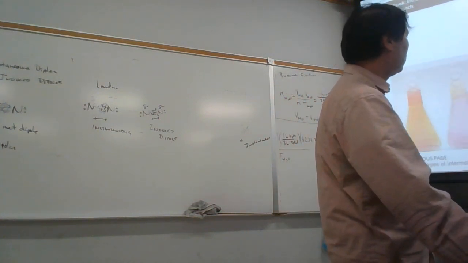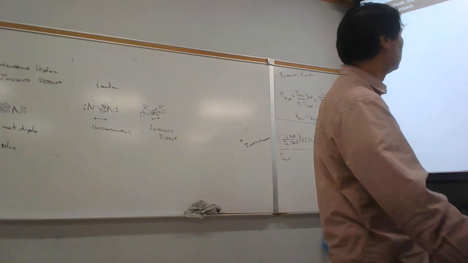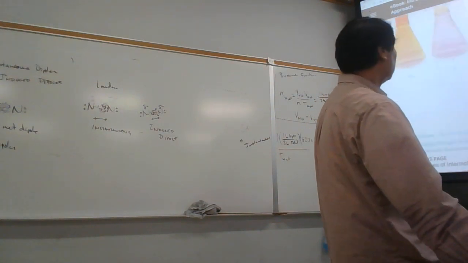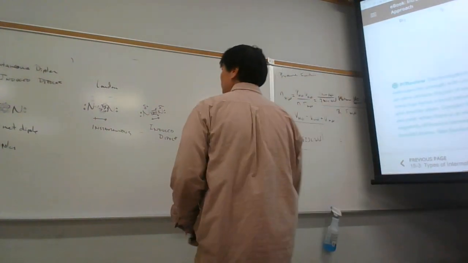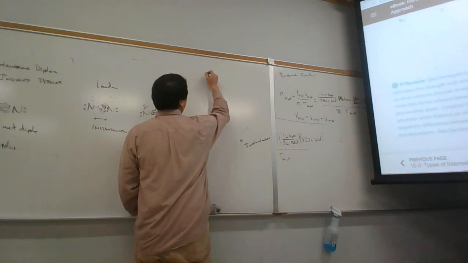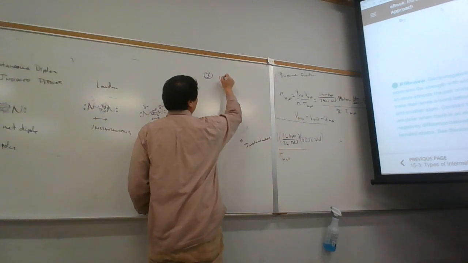All right, so the last intermolecular force that we're going to cover here will be the hydrogen bond. So this will be number 3. A hydrogen bond is an unusually large dipole.